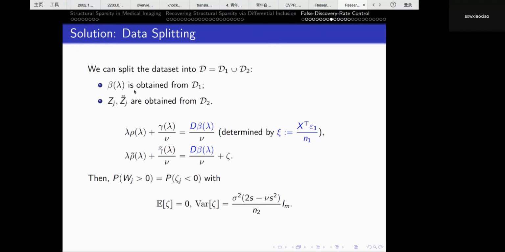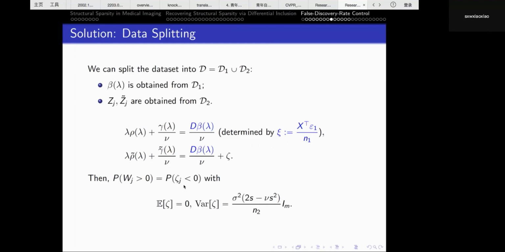D1 is responsible for calculating the beta lambda, and from D2, we can obtain the dj and d tilde j. And in this regard, the data is no longer dependent on the zeta because they are calculated from two different datasets.